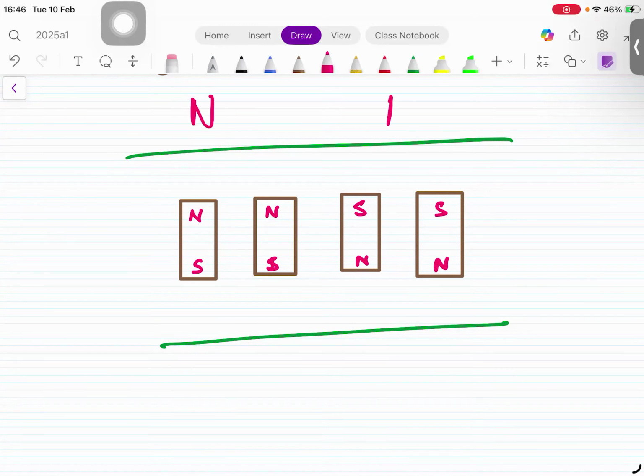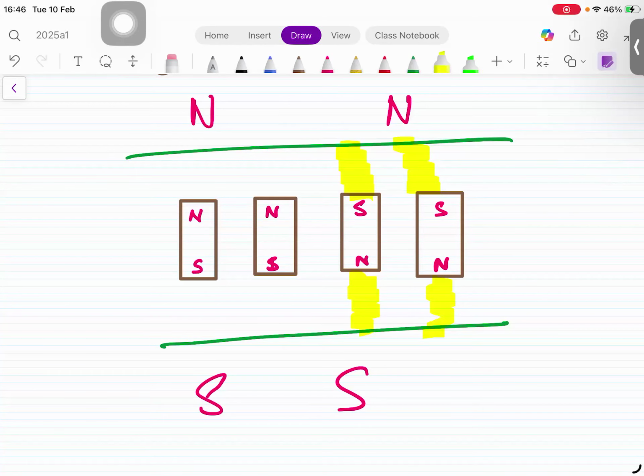Let's say this is the North Pole and this is the South Pole of the external bigger magnetic field. What happened? When you applied an external bigger magnetic field, 2 of these magnets found themselves luckily aligned with the external magnetic field. Because in the North Pole, external magnetic field, which pole did they come with? So they find themselves aligned.